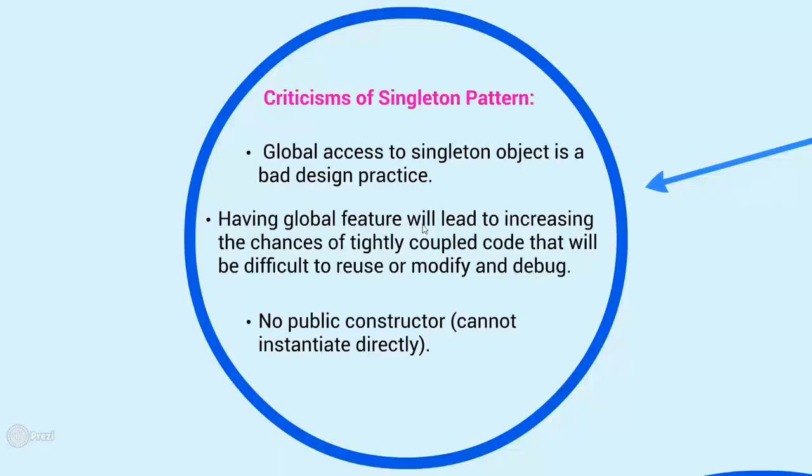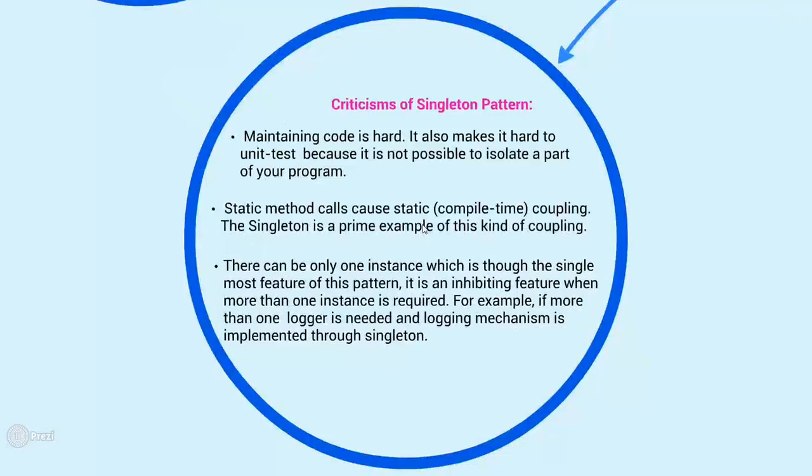There is no public constructor, so it cannot be instantiated directly, and maintaining the code is hard. It also makes unit testing hard because it's not possible to isolate a part of your program, and a static method call creates static coupling, meaning compile time coupling.